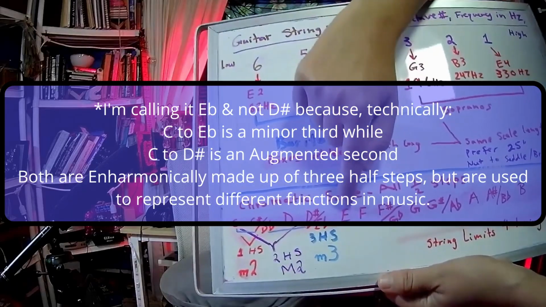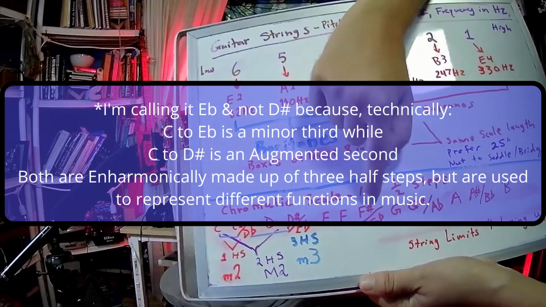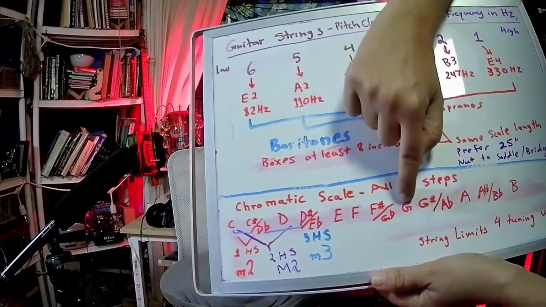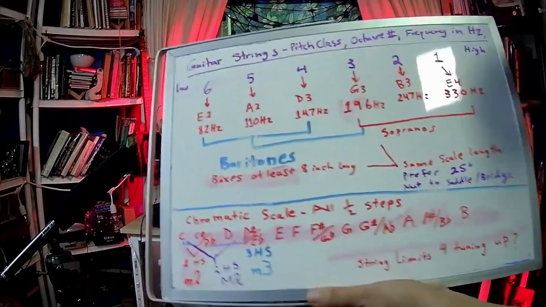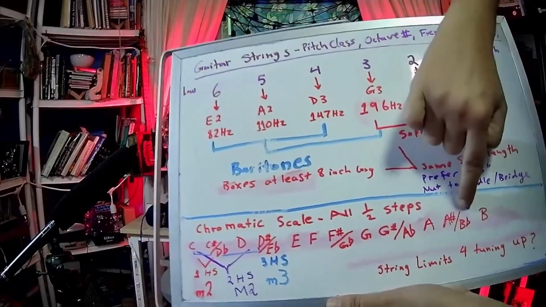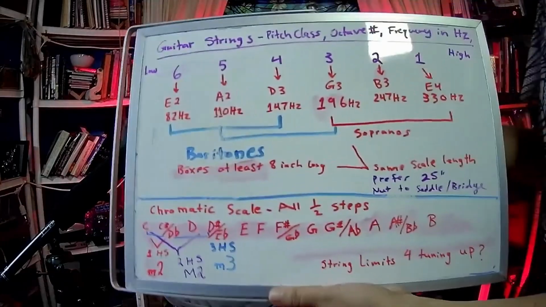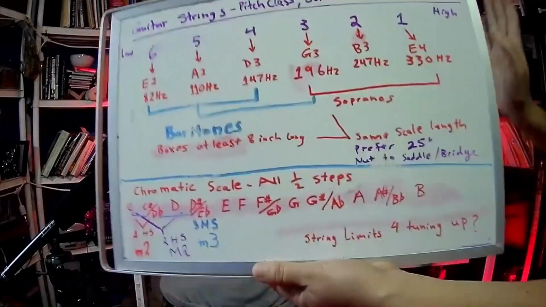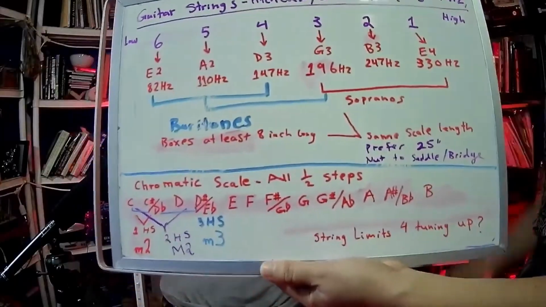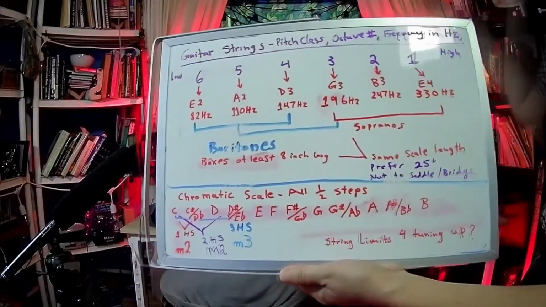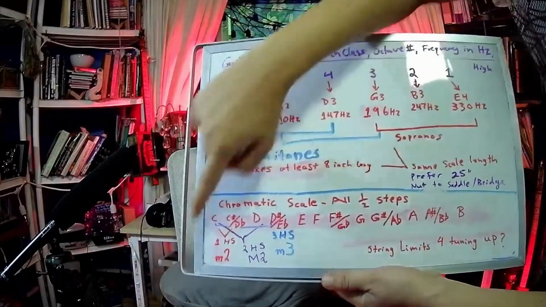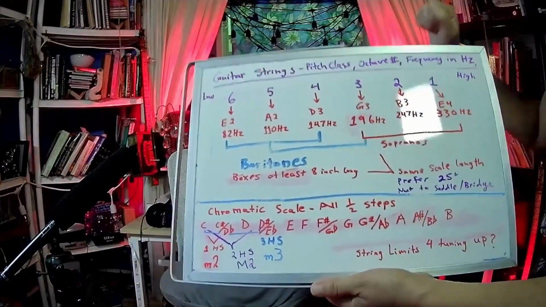What's a minor third above E? 1, 2, 3. G. What's a minor third above G? 1, 2, 3. B flat. Again, I've been able to do that on occasion with really well stretched strings, but you're safer to keep the tuning up limit to a major second.